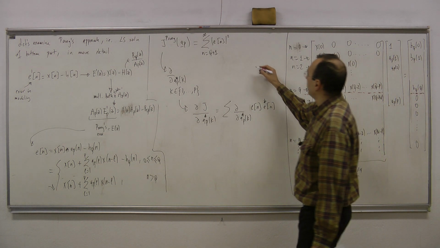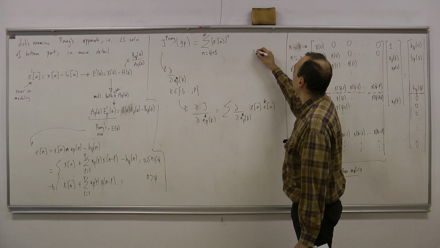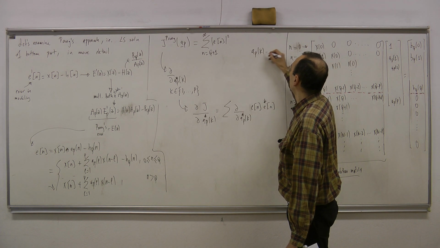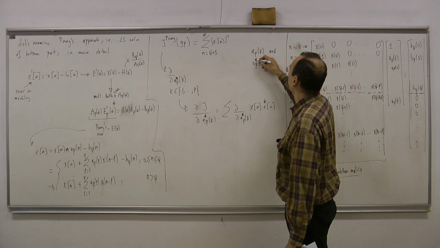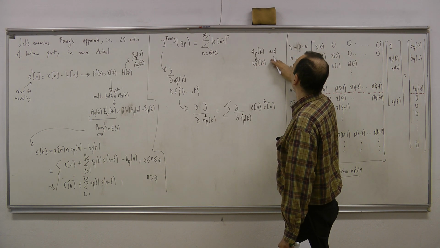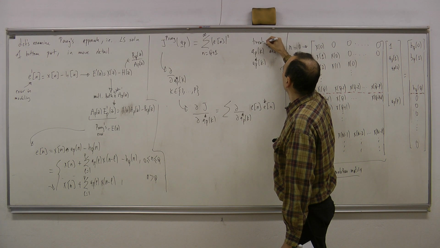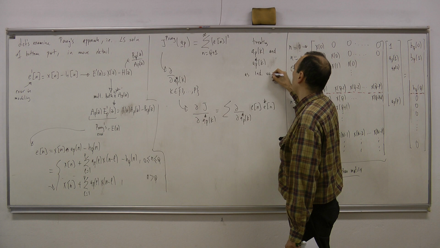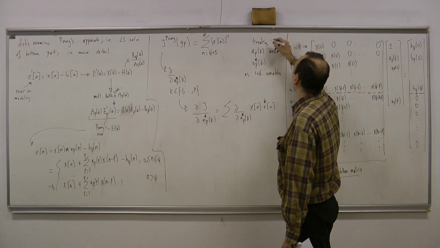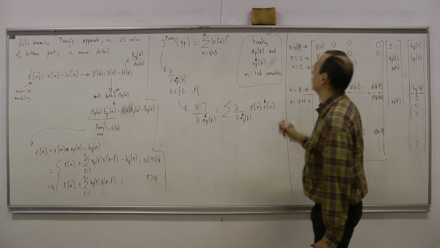Now, this means the following. I am treating a_p[k] and a_p[k] conjugate as independent variables. Okay, of course you can object to this, but I'll explain this a little further.